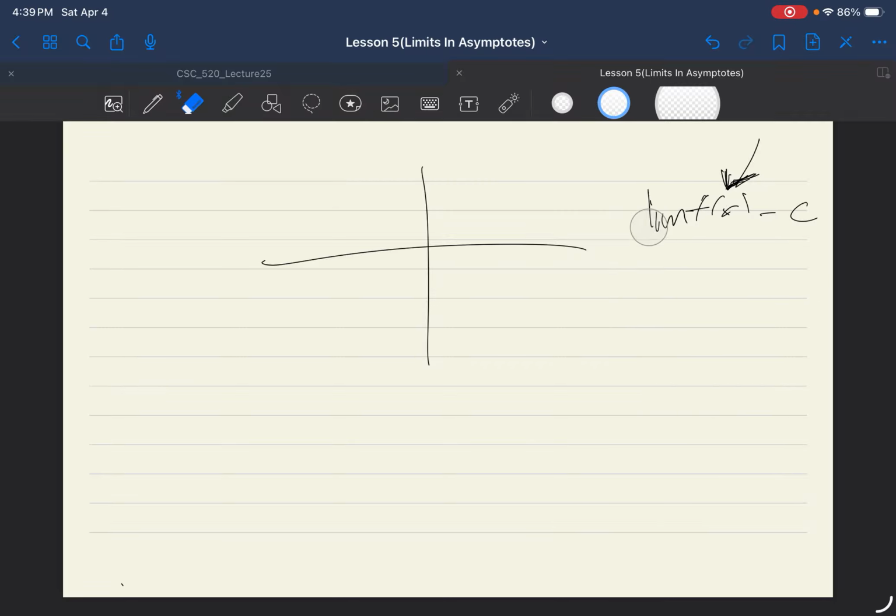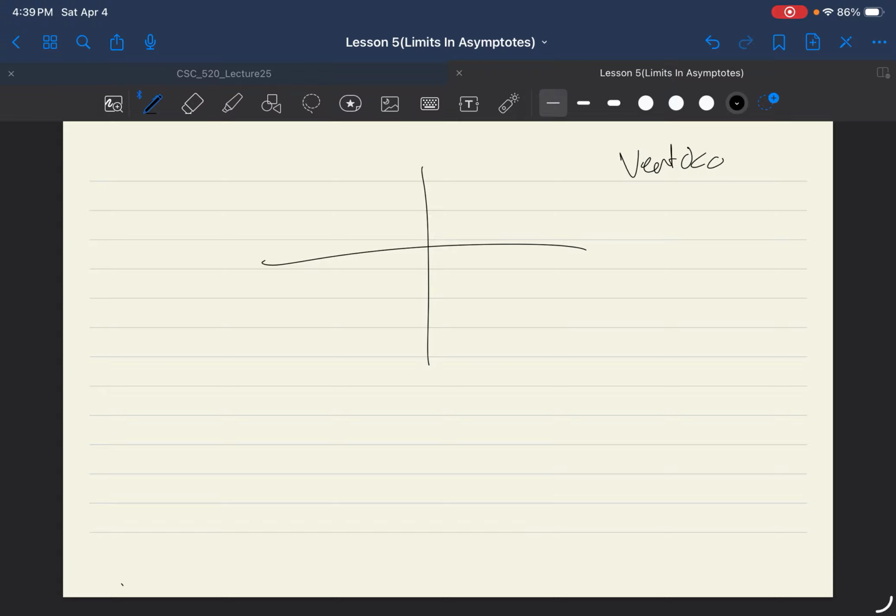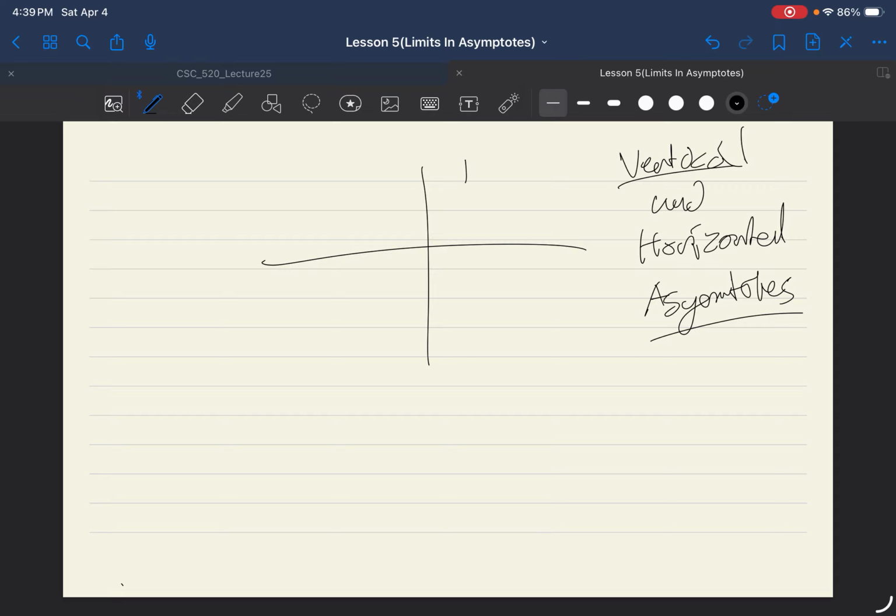All right. So what are vertical and horizontal asymptotes? You might already know this. You might not. So I'll just define them for you. A vertical asymptote is when a specific graph in a function, let's say this is x equals 1, right?